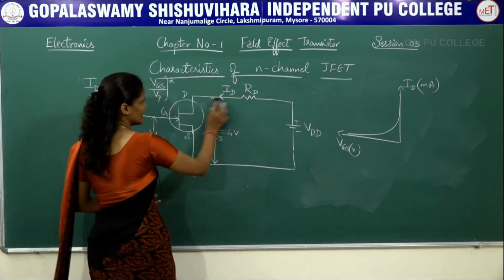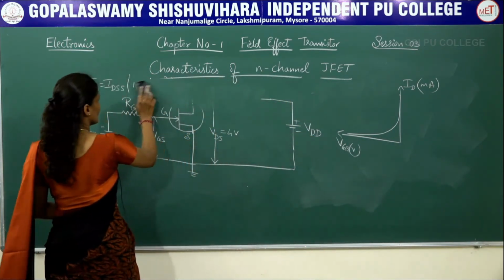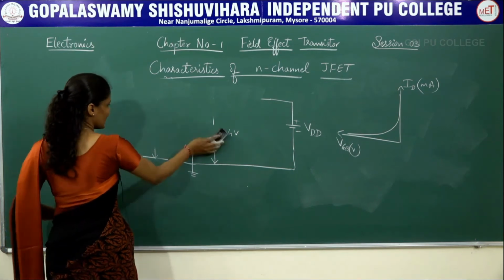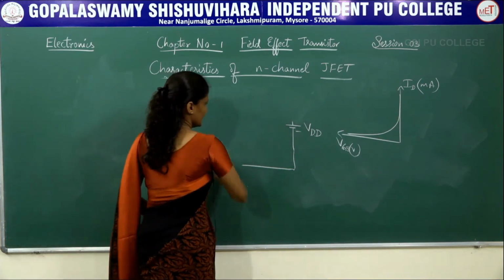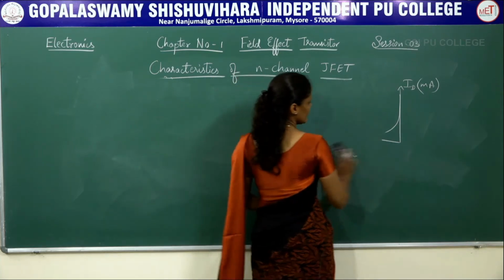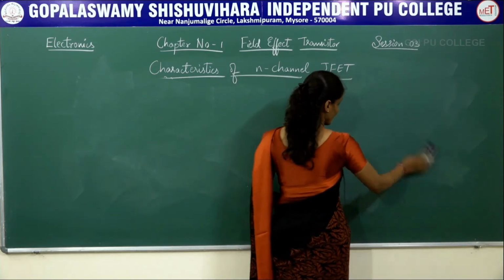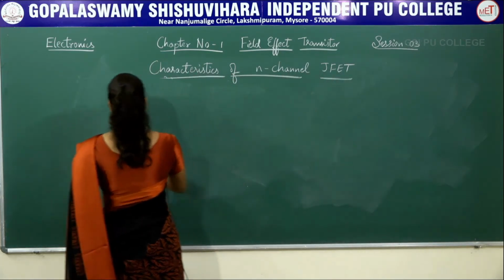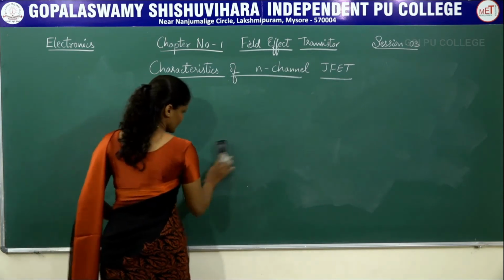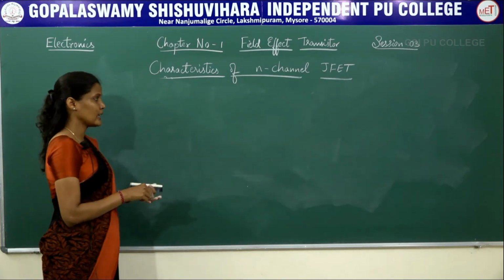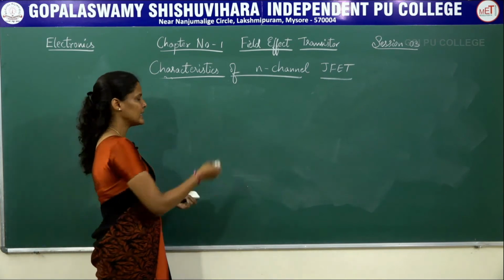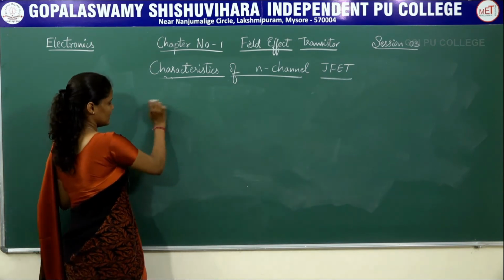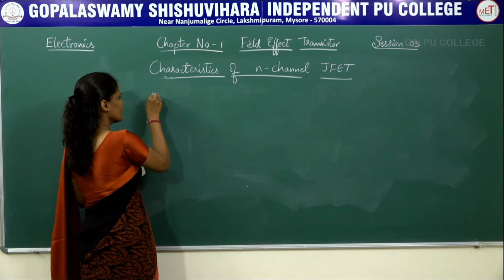Now let us try to understand some of the definitions, what we are going to call the parameters of JFET. These parameters are very important from the examination point of view. Along with that, it is very important in order to use this JFET for any of the design of the circuits.